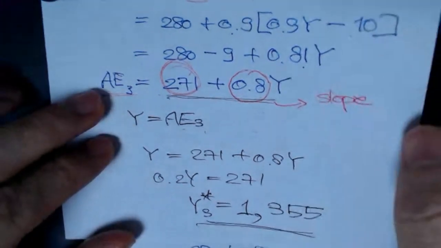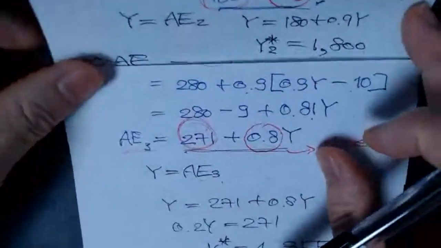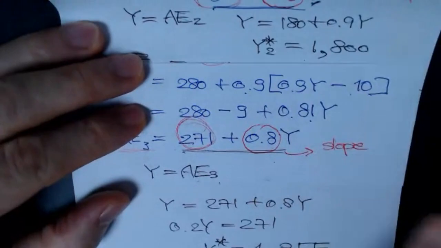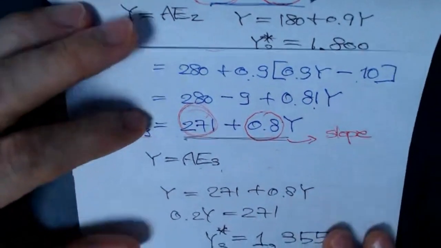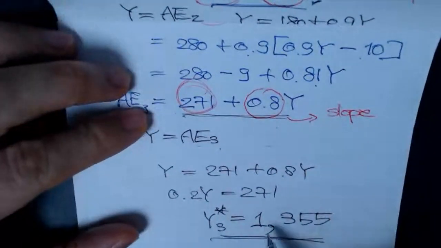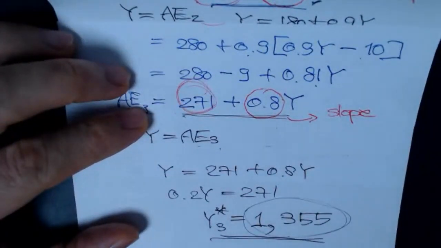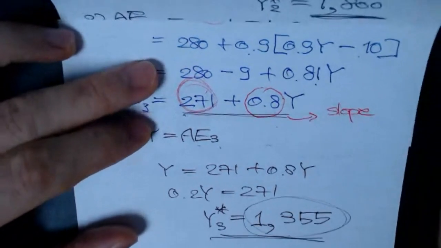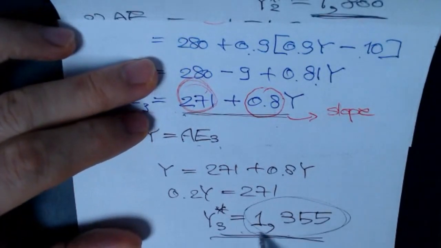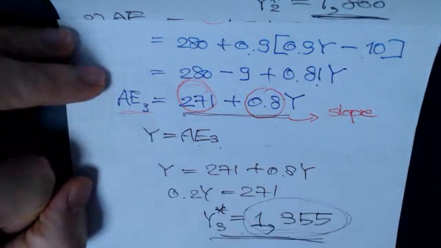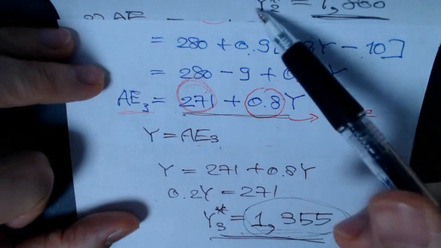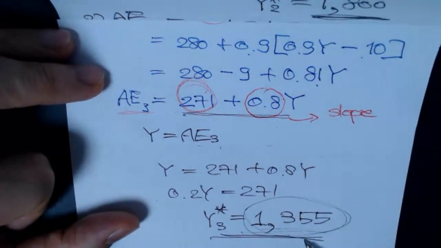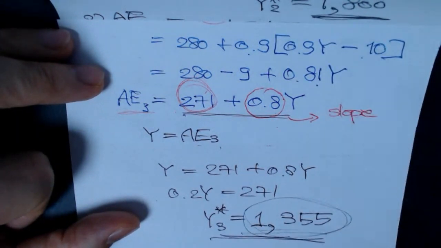Shall we compare this one and the previous one? In the 2 sector model, equilibrium was 1,800. Now in the 3 sector model, equilibrium is 1,355. So based on this system, even if we have additional government, the national output hasn't increased, it decreased.